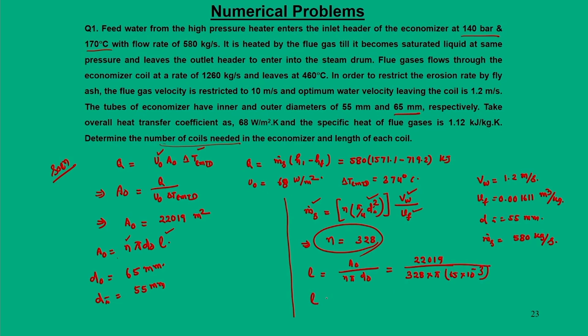By solving this, we can get L. So, the number of tubes is 328 and the length of the tube can be evaluated from these expressions.